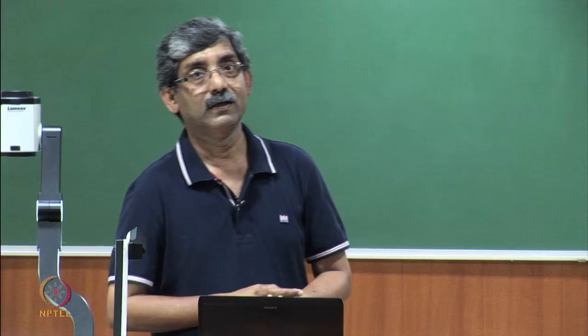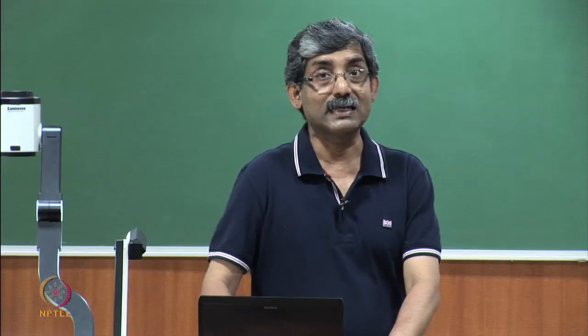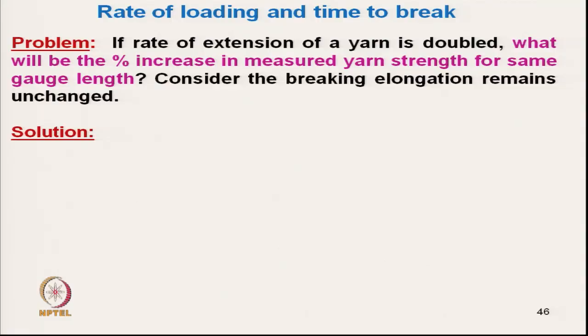Now, if the rate of extension of a yarn is doubled, what will be the percentage increase in measured yarn strength for the same gauge length? We are not changing the gauge length.